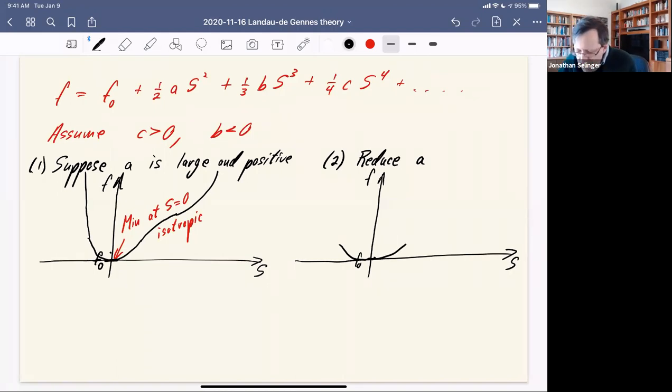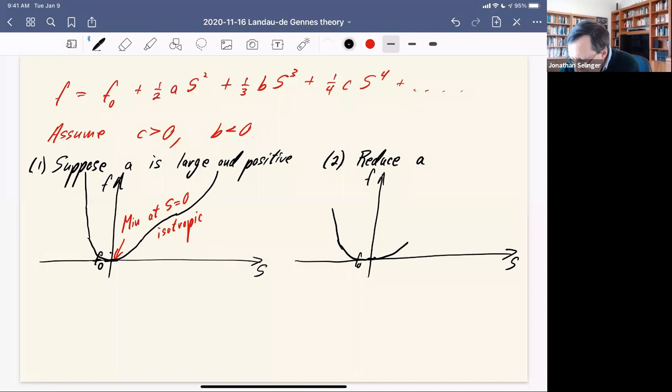Now, when we get to larger S, the term BS cubed becomes important. That makes a negative contribution when S is positive, and a positive contribution when S is negative. So over here, the plot just goes up more.